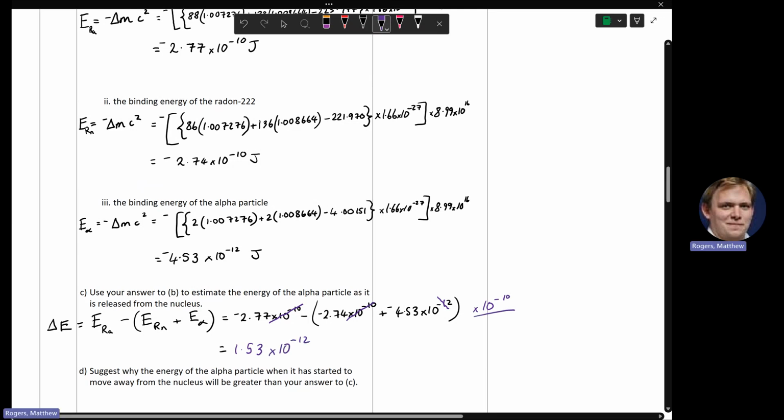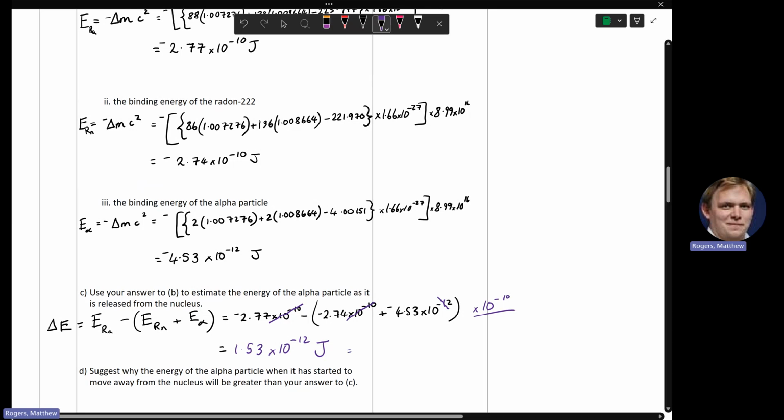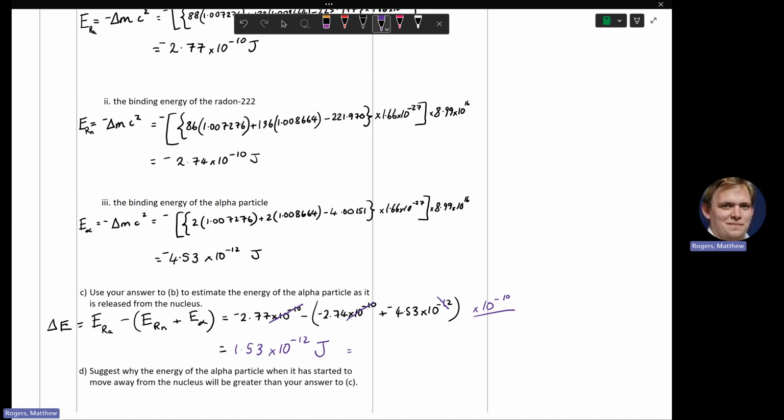So that's when I bring that power of 10 back in as well. That is the excess energy that we've got left over. The binding energy difference between the two gives us the energy that we think the alpha particle should have. So 1.53 times 10 to the minus 12 joules. If we wanted to convert this into mega electron volts, we divide it by 1.6 times 10 to the minus 13.